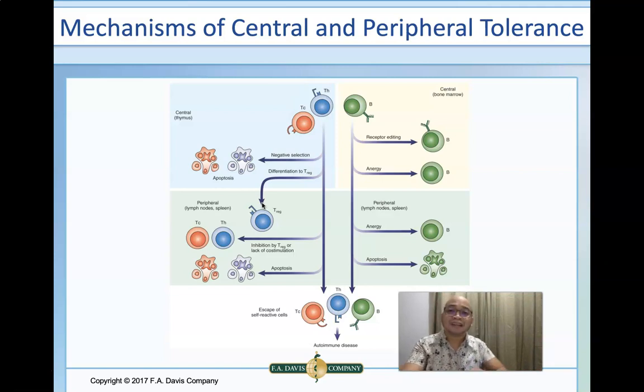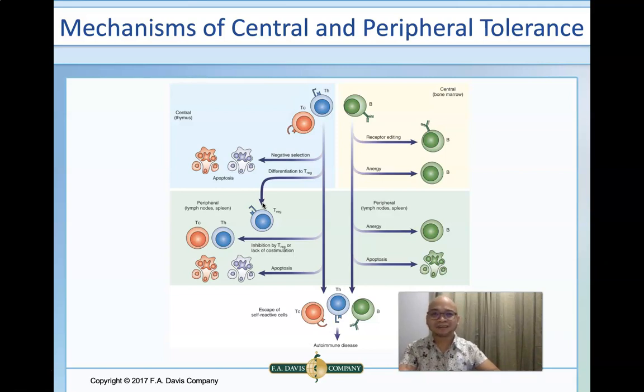In peripheral tolerance, the lymphocytes that recognize self-antigens in the secondary lymphoid organs, the lymph nodes and the spleen, are rendered incapable of reacting with those antigens.